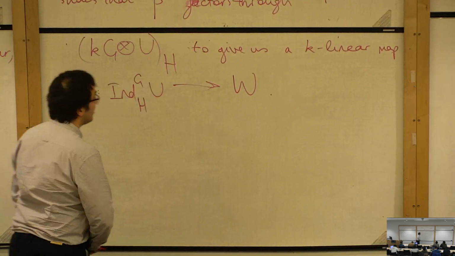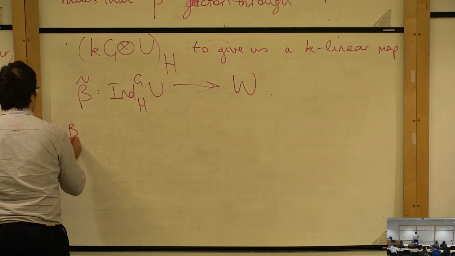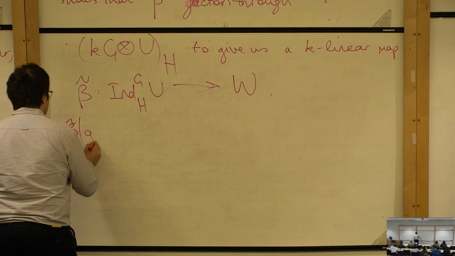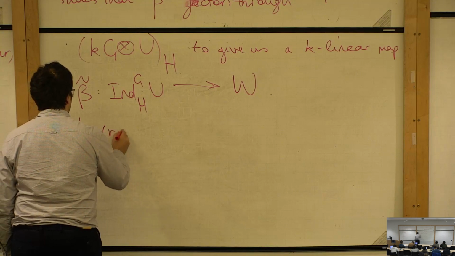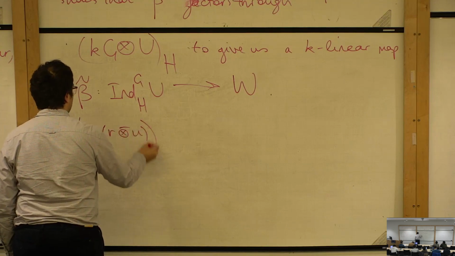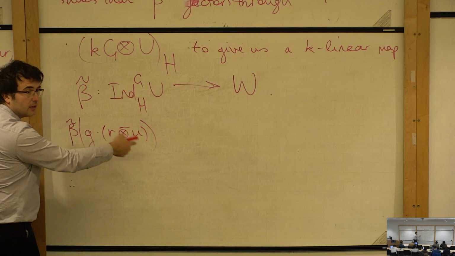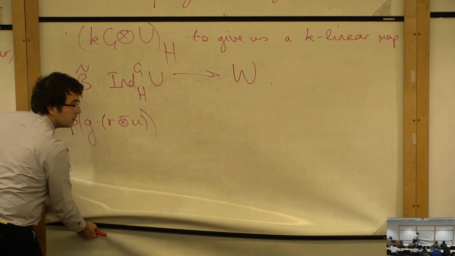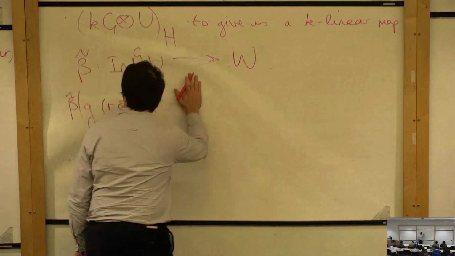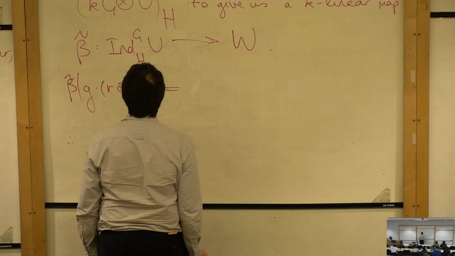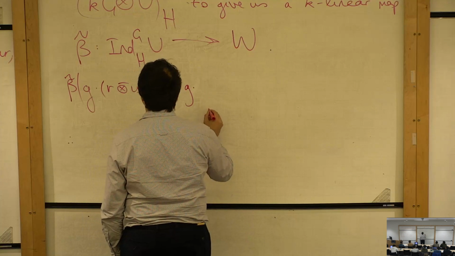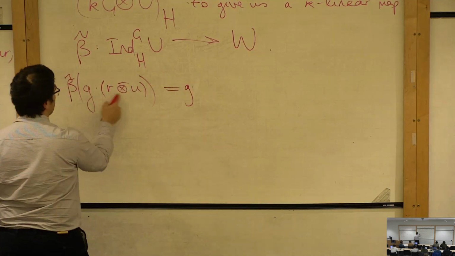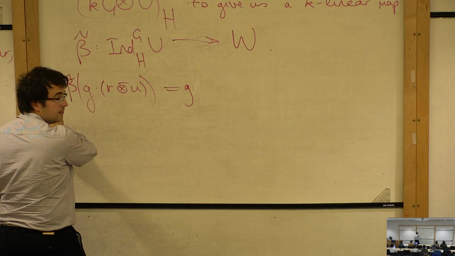Check that it is KG-linear: beta tilde of group element little g dot something or other in here, maybe R tensor bar U. I think that was my notation for the image of the element R tensor U inside the induced module. No, first I have to compute this inside the induced module, then apply beta tilde.